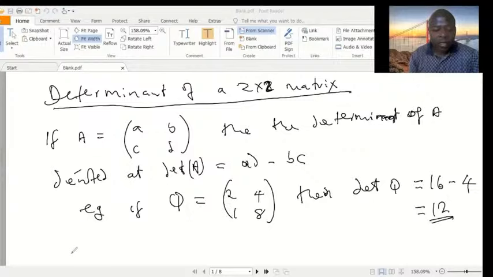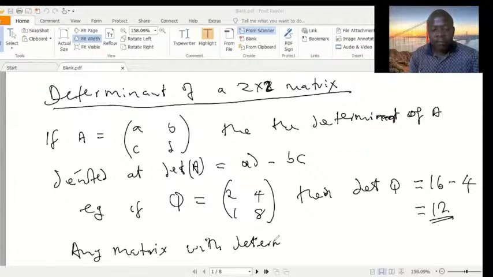Any matrix with the determinant not equal to 0 has an inverse.